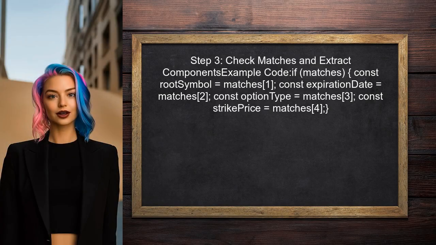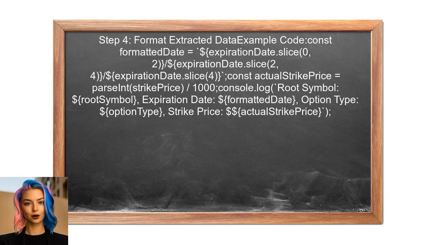After matching, the user can check if the match was successful. If it was, they can extract the individual components from the matches array. Finally, the user can format the extracted data for better readability. They might want to convert the expiration date into a more user-friendly format and calculate the actual strike price.